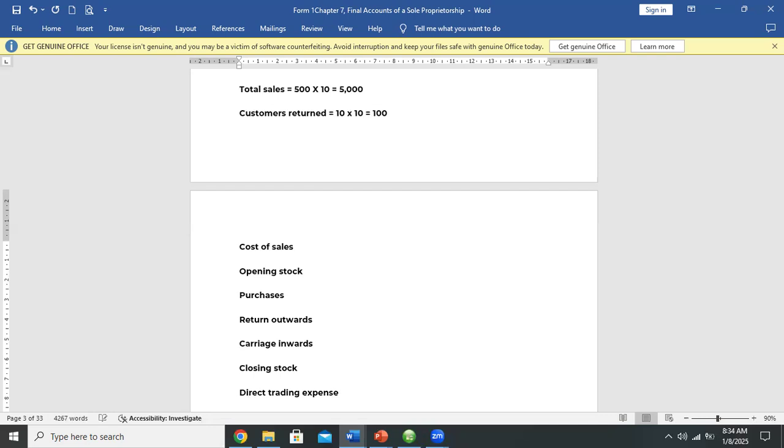And an example of that is wages. So in principle, you need 1, 2, 3, 4, 5, 6 basically 6 items to determine your cost of sales.